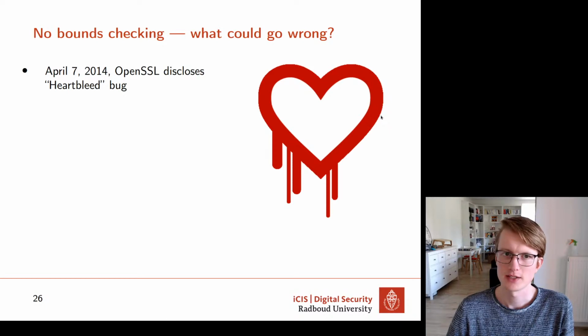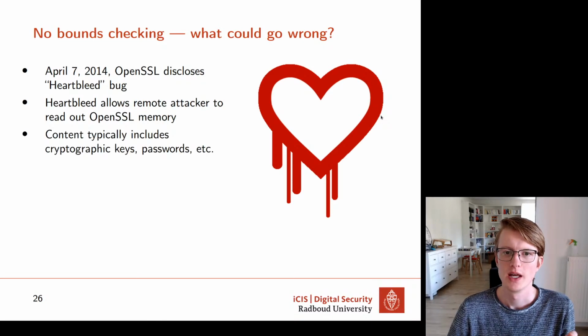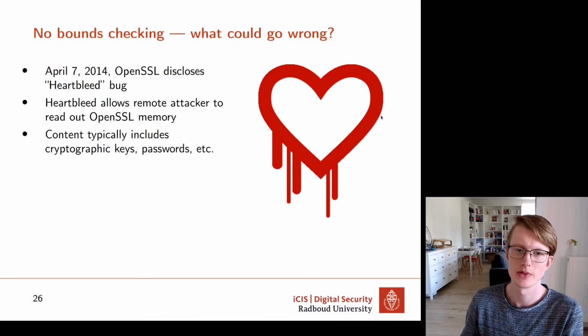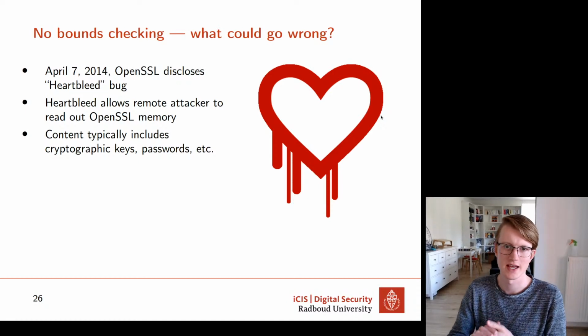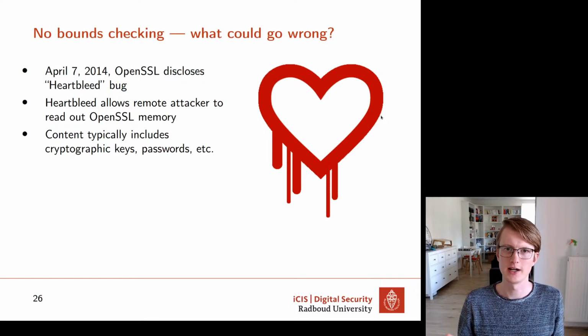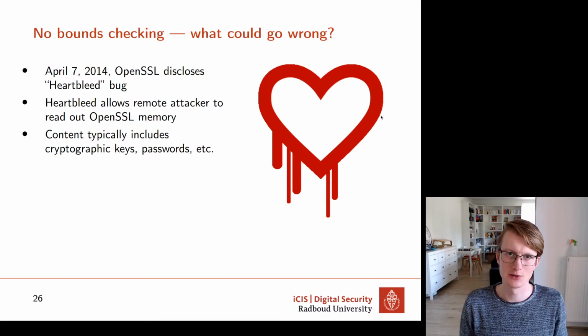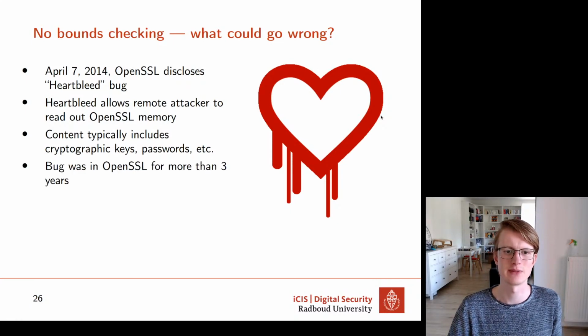The Heartbleed bug is probably the most famous bug. It was the first one with a logo, and it allows you to read memory that belongs to OpenSSL. And since OpenSSL is a library that provides crypto, it provides TLS, this content typically includes cryptographic keys, passwords, very sensitive information.